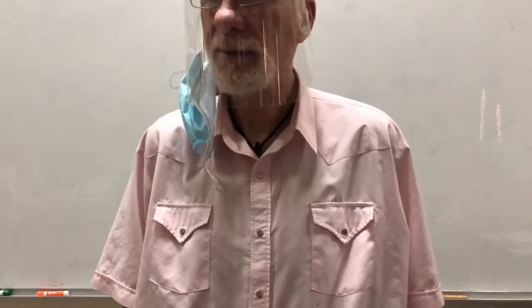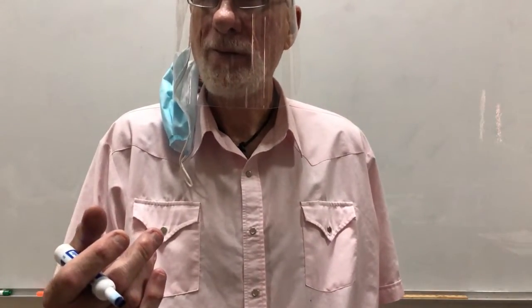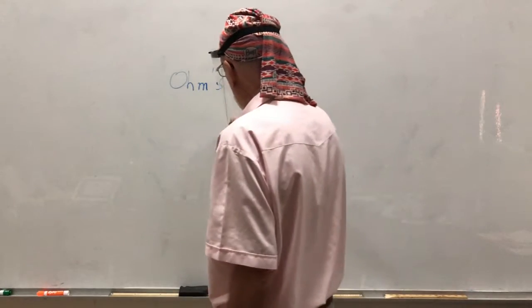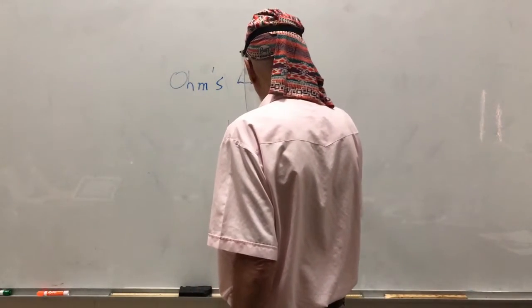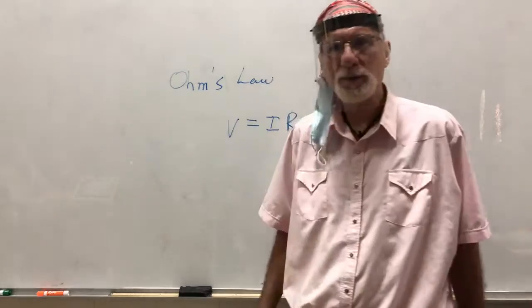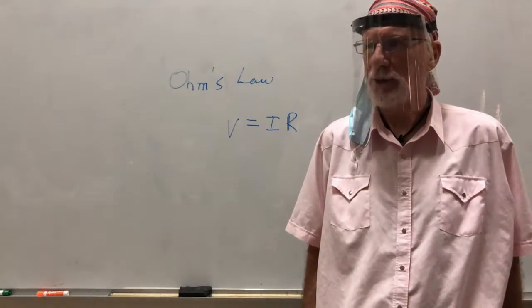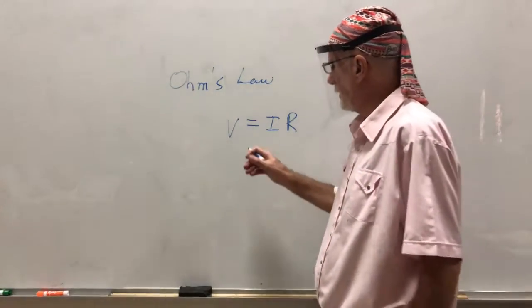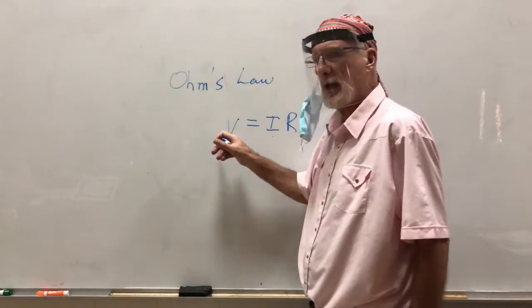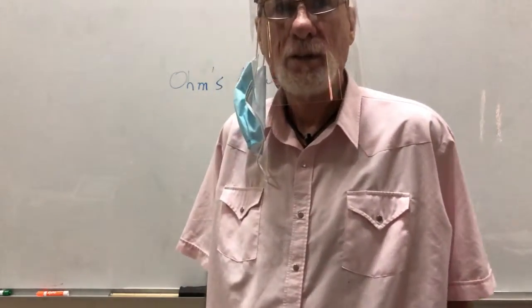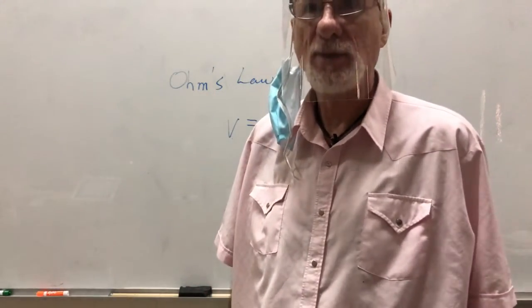Okay. Do you have an equation there? Yes. It's something like the voltage equals I times R, the current times the resistance. Is that right? Good. The voltage and the current are directly proportional. Thank you very much. I appreciate it.